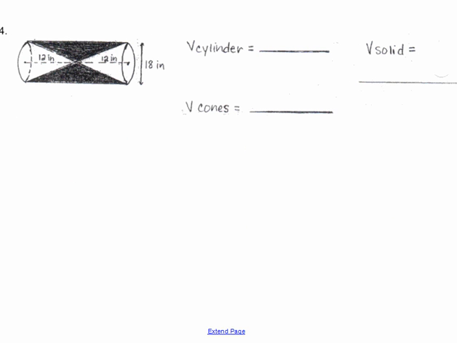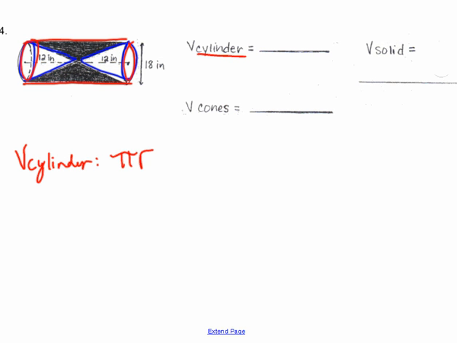Last one. What this picture is trying to demonstrate is that it's like a solid cylinder with holes on the ends. So these two are like air space. So try to picture that in 3 dimensions. What I'm going to do is find the volume of this whole thing as if the cones weren't in there. And then I'm going to find the volume of the 2 cones and subtract them. So the cylinder is pi r squared times height.